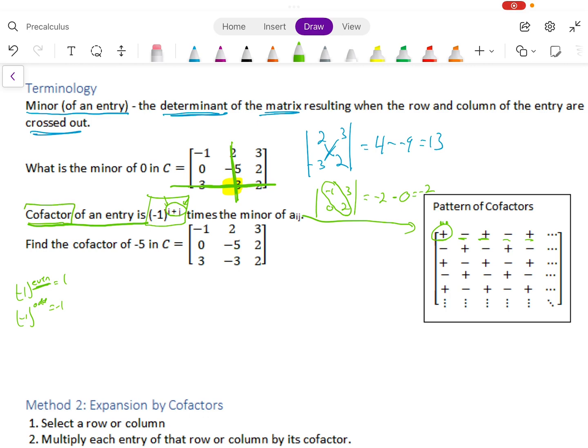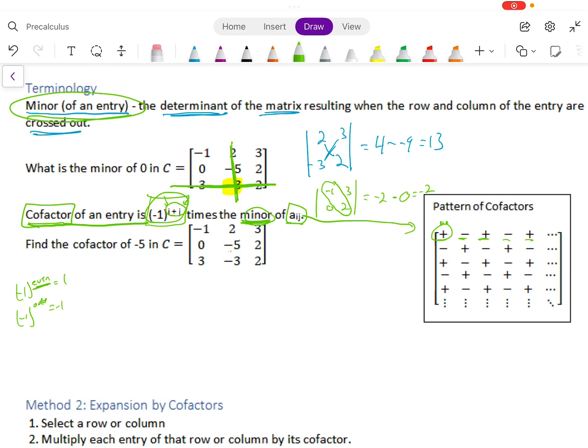Now, actually, all we talked about was the alternating signs. The cofactor of an entry is -1 to a power times the minor of whatever entry we're talking about. So it's multiplying 1 or -1 times the minor, which we just did up here. So find the cofactor of -5.